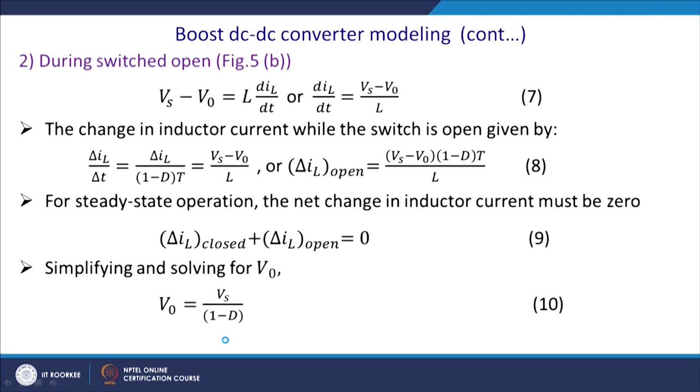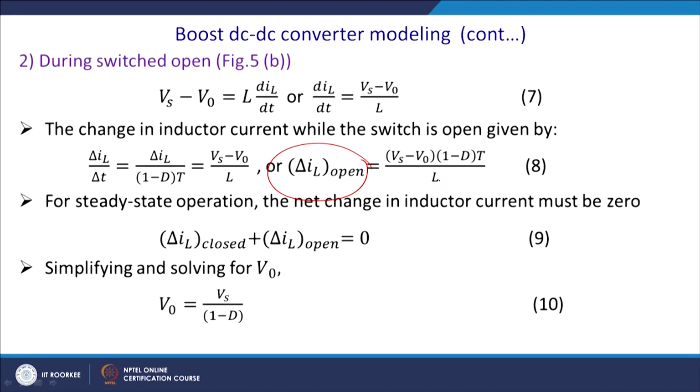So, Vs minus V0 equal to L di/dt, and this is the open circuit. So, you can rewrite this equation as L di/dt equal to Vs minus V0, and thus the change in inductor current you can also compute. That will be, for the open case, (Vs minus V0)(1 minus D)T by L.